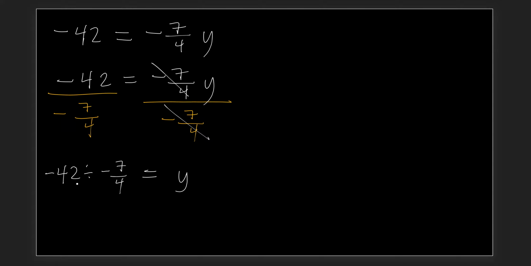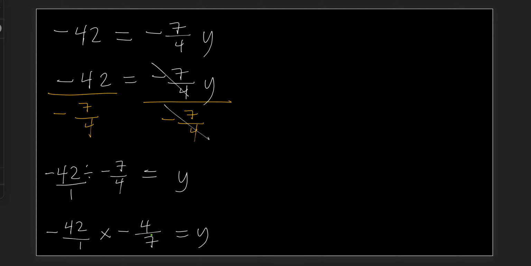And so what you do with fractions, which this is really over 1, so negative 42 over 1, we change it to multiplication and we flip the one on the right. So times negative 4 over 7 equals y. And we look to see if we can cross cancel. Cross canceling helps us to not have to reduce in the end so much.